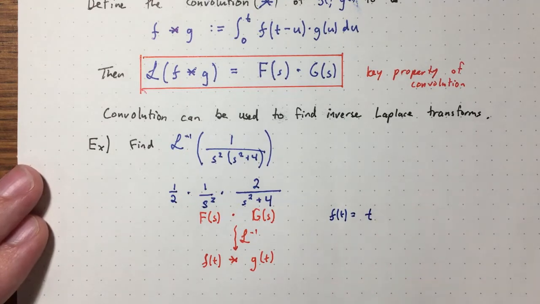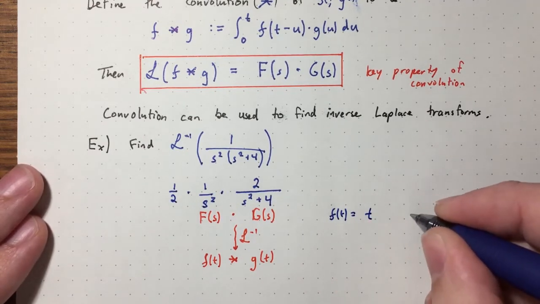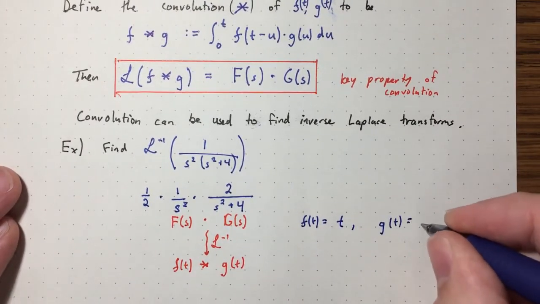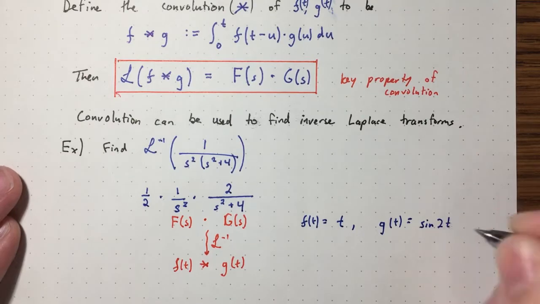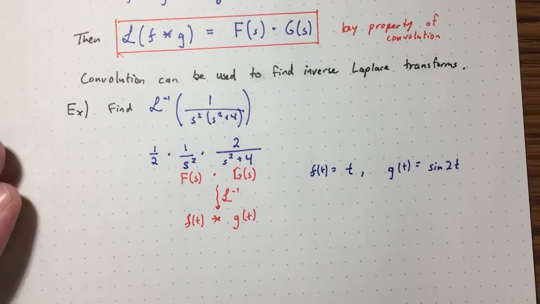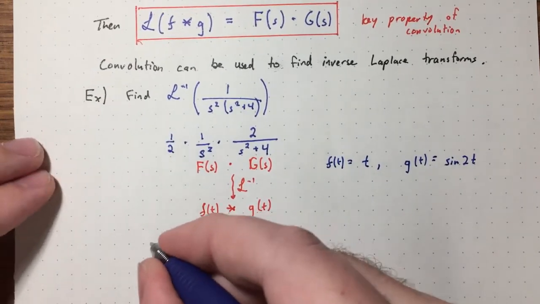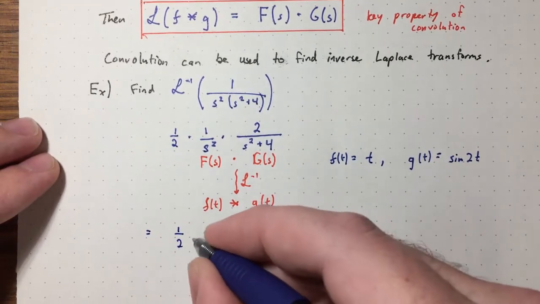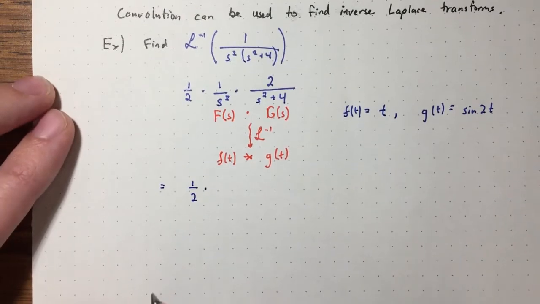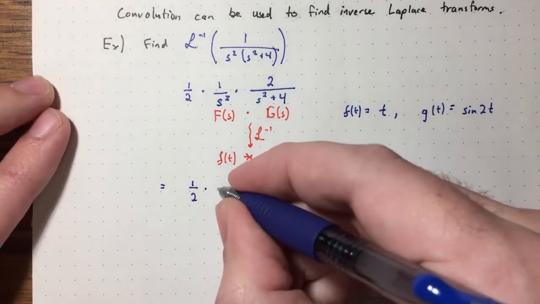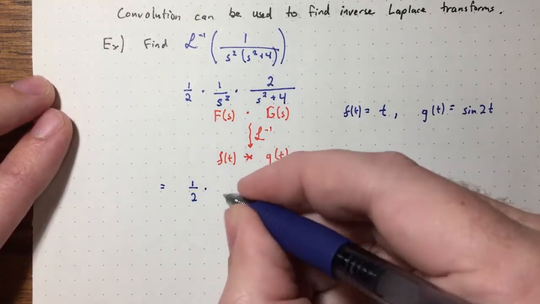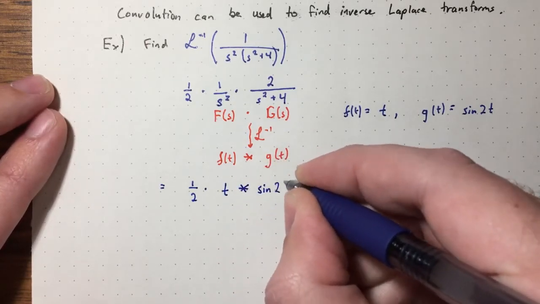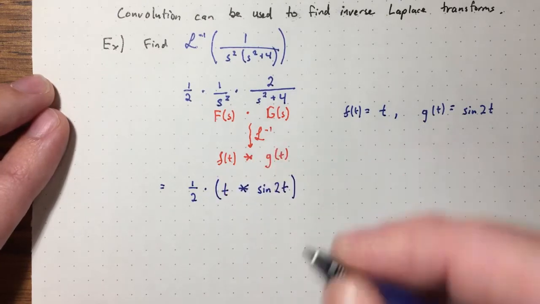Well, it's just the function t. And what is my g of t? Well, as we said, it was sine of 2t. So in other words, the answer to my problem is 1/2 times this convolution. So I need to do t convolved with sine 2t.